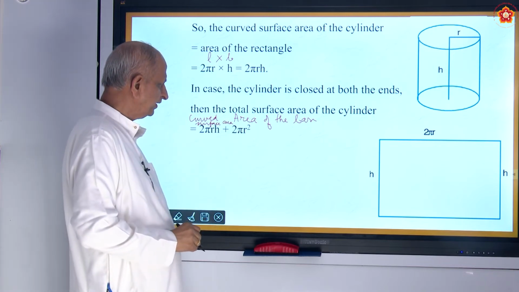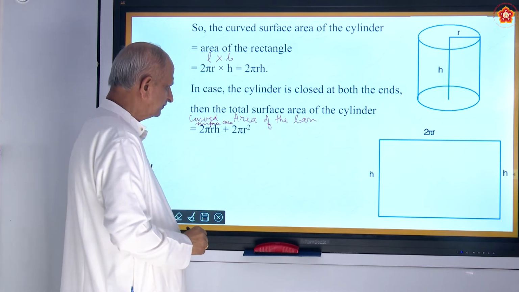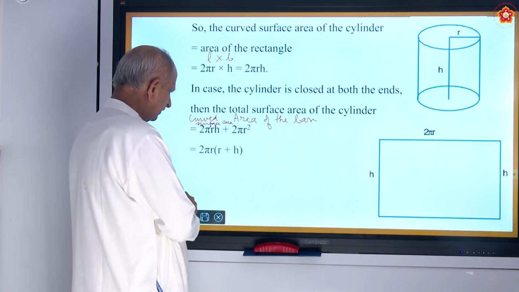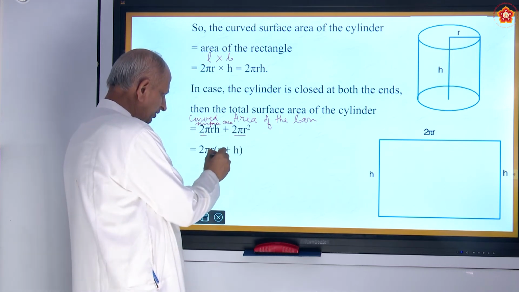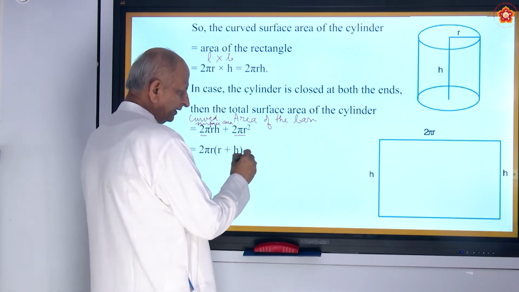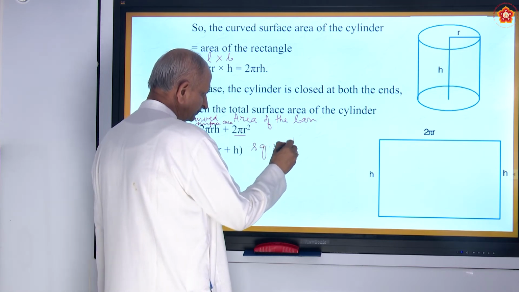So curved surface area is 2 pi r h. Area of the base and the top is 2 pi r square, because there are two. So if you take common 2 pi r, you get 2 pi r into r plus h, so many square units.